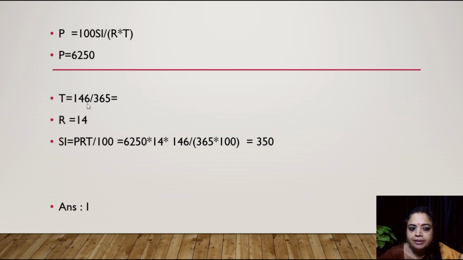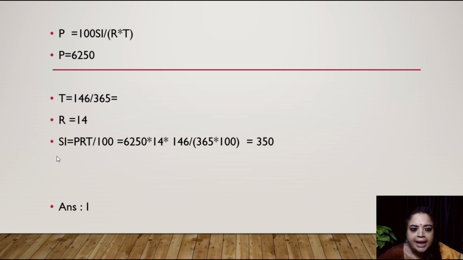Remember here, when we are calculating the time, we need to find it in terms of time period in years. Therefore, we need to divide 146 by 365. You can calculate it here itself, or we can calculate it once you put it in the final formula. So the rate of interest is given as 14. I have calculated it in the final formula.